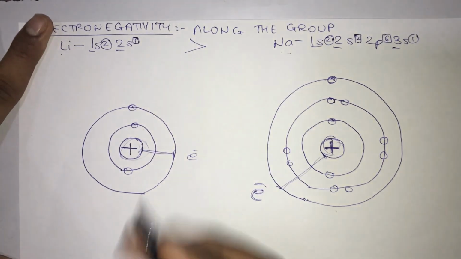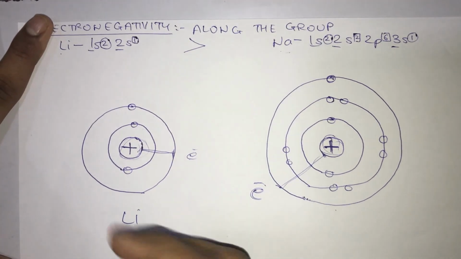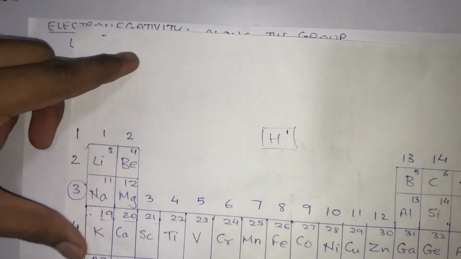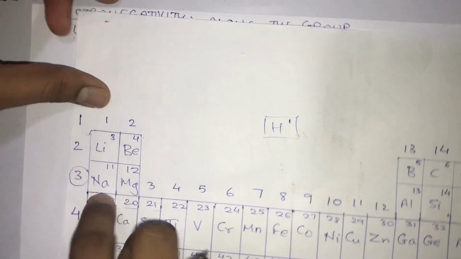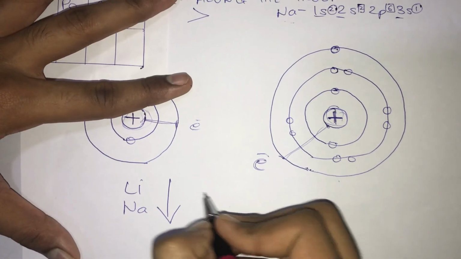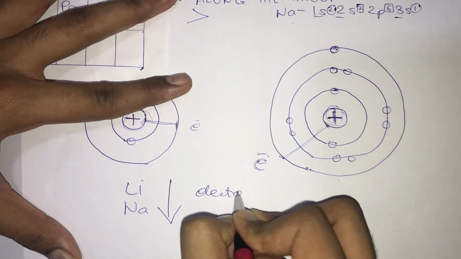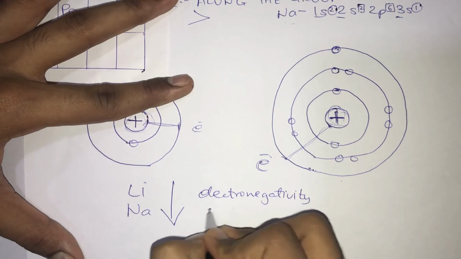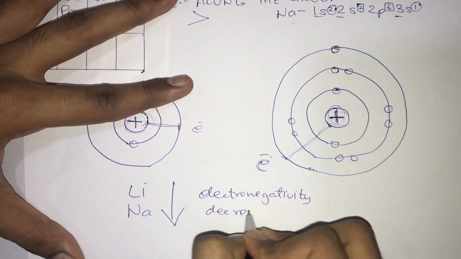So can I say, since after lithium comes sodium, as you can see over here, and as we move down in the group, the electronegativity decreases? Why does it decrease?